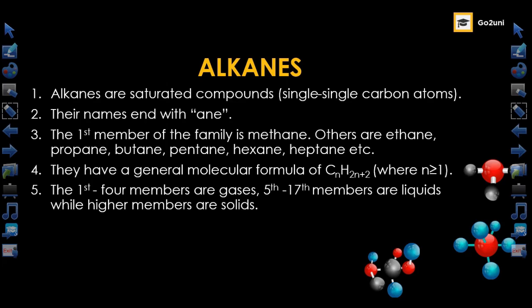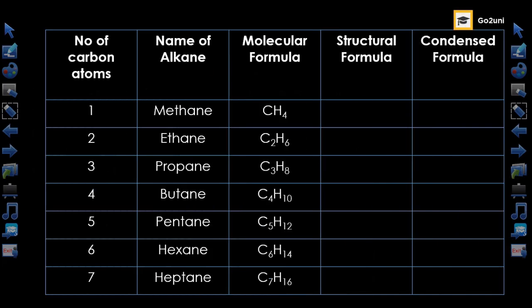Now, away from that, let us take a look at the alkane family as they are. From the first member, methane, we have the next, ethane, propane, butane, pentane, hexane, and heptane. Their molecular formula is as shown on the screen.